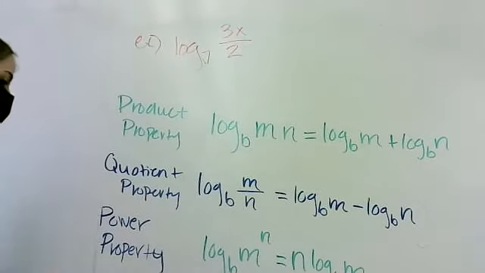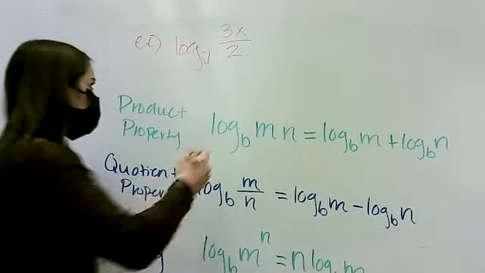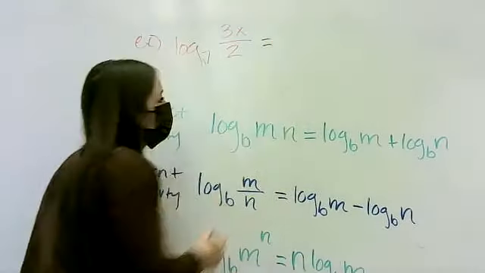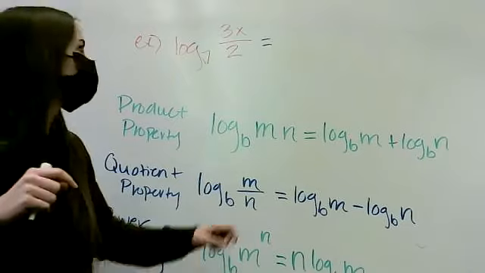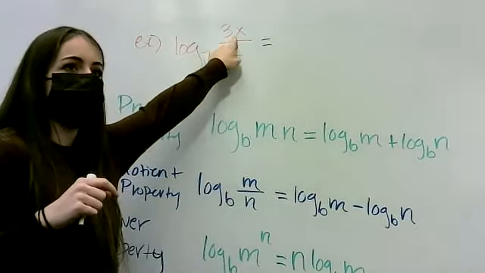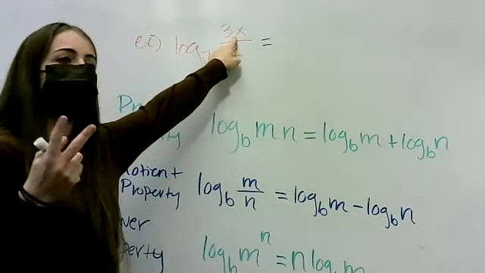So let's think about this. What are some of the big things you're seeing? Good, division. What else are you seeing? What kind of operation happens between a 3 and an x? Good, multiplication.